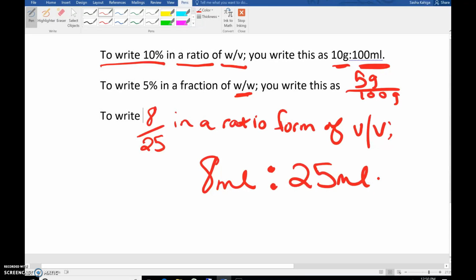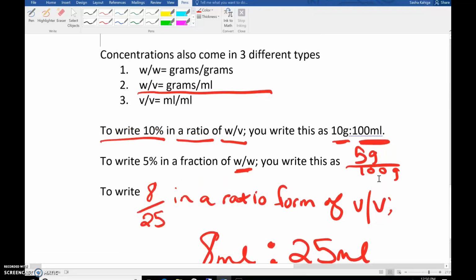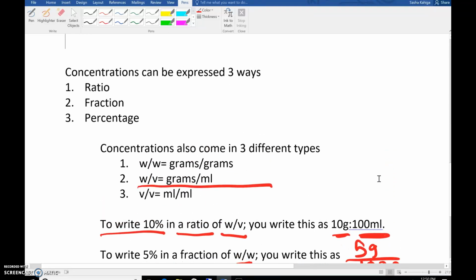All right. So this here, when we talk about concentrations, the three ways they're expressed and the three types of concentration, that does not change. You just need to be able, when you read a problem, to identify what's a concentration, what's a dilution, what's a percentage. You should also be able to change between fractions, percentages, and ratios.